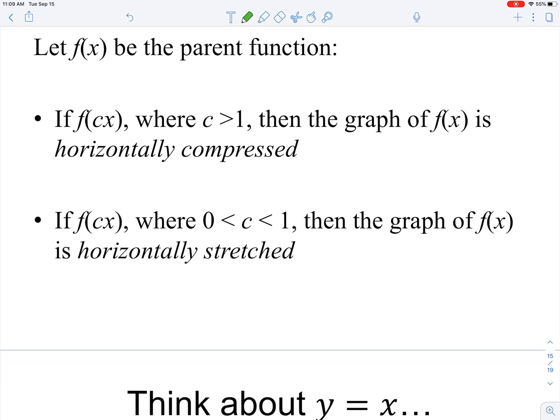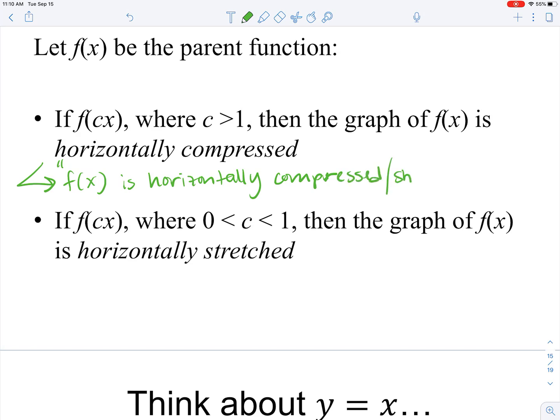So the words that we would use here is we would say f of x is horizontally compressed or shrunk by 1 over c, so whatever the reciprocal of c is.